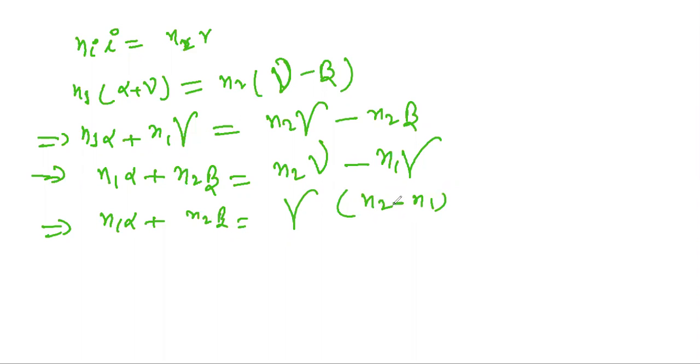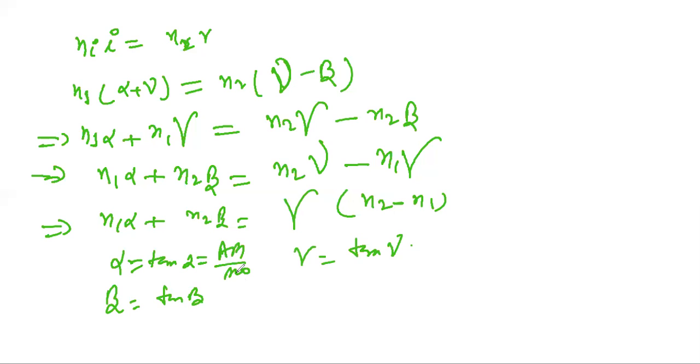The next step is, we are taking alpha equal to tan alpha, beta equal to tan beta, and gamma equal to tan gamma. So you see, tan alpha is equal to AM upon MO. Tan beta is equal to AM upon MI.